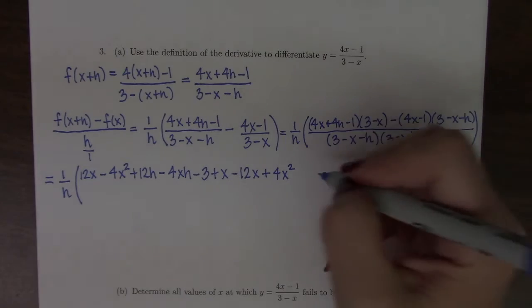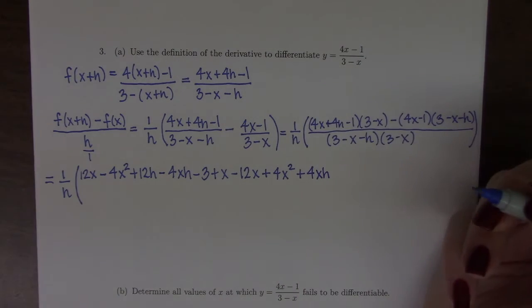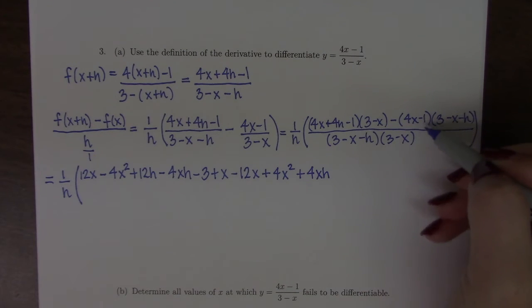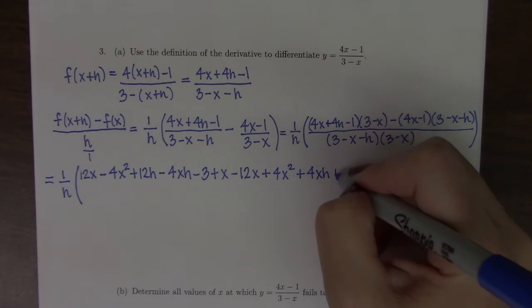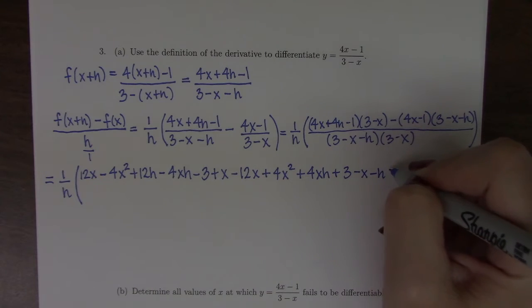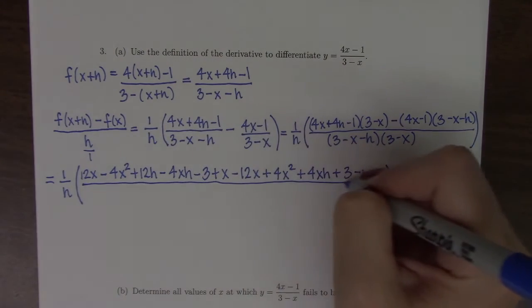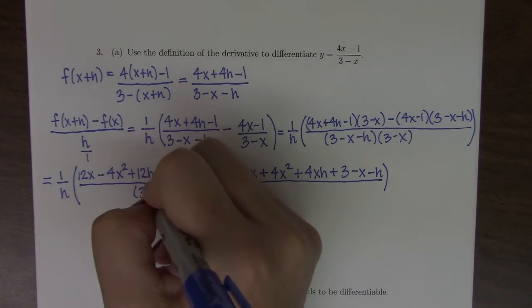Negative 4x times negative h is positive 4xh. And then this negative times this negative 1 really makes that a positive 1. So positive 1 times all of this is just going to come back as itself. So plus 3 minus x minus h. All of this is under our common denominator, which we're not going to expand.